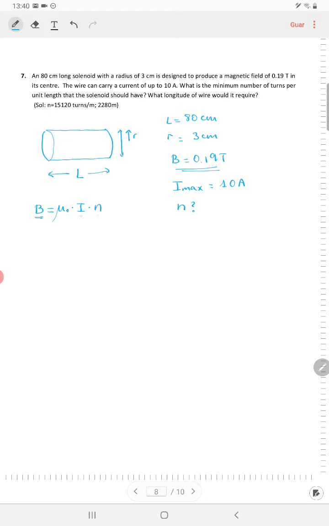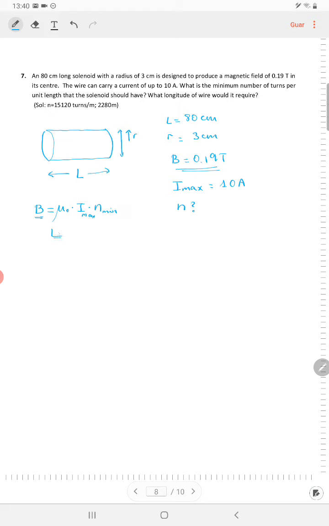However, if we have less than that maximum intensity, we would need more turns per unit length. So if we put here the maximum, what we will get is the minimum number of turns.